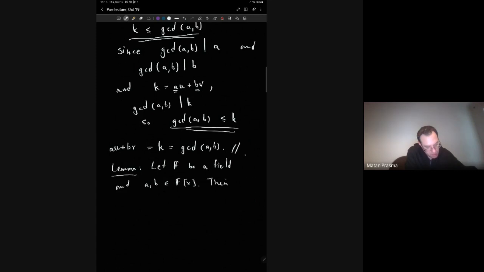Then there exist polynomials U and V such that AU plus BV is equal to the GCD of A and B. If you want, we can make A and B monic, but it's not necessary.